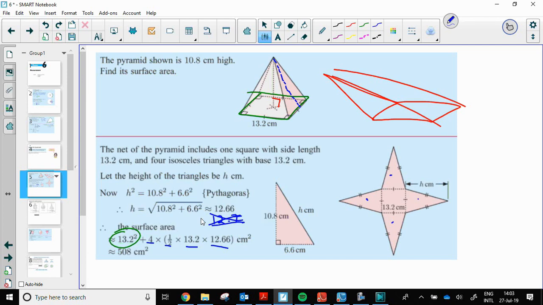And there, our final answer actually was 508.3, so we just round that down to 508. Had we used 12.7 in our calculation here, we would have gotten a final answer that would have rounded to 510. So it's really, really crucial that we not round our answers too much too early.